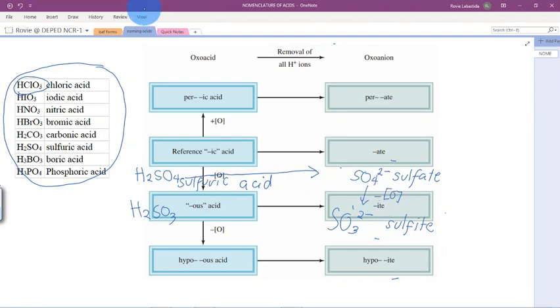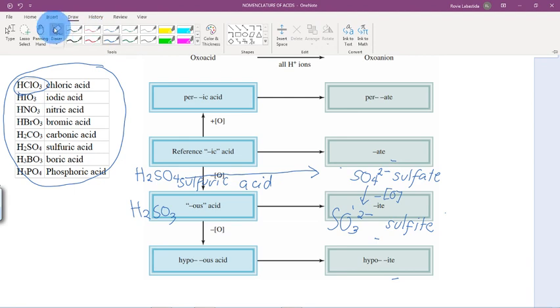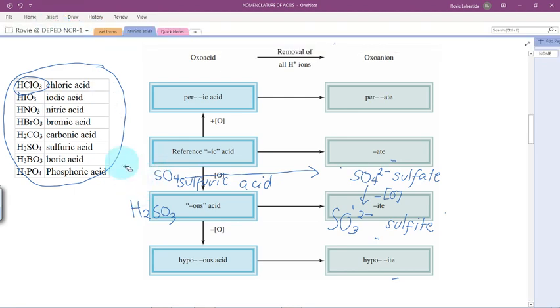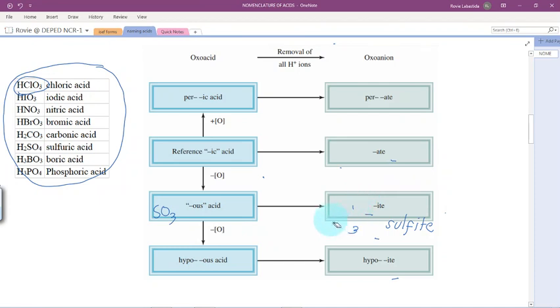Let us erase every annotation so that you'll see the diagram again clearly.